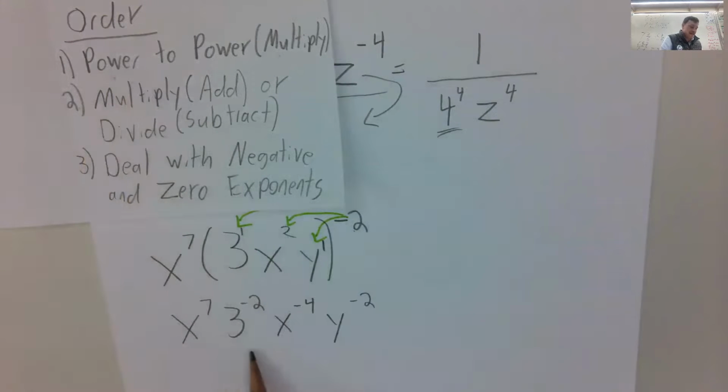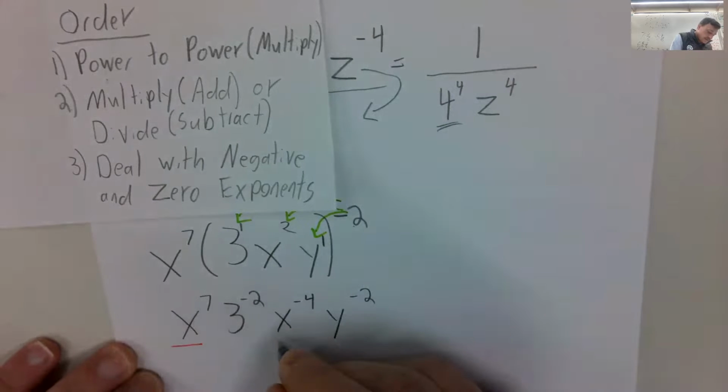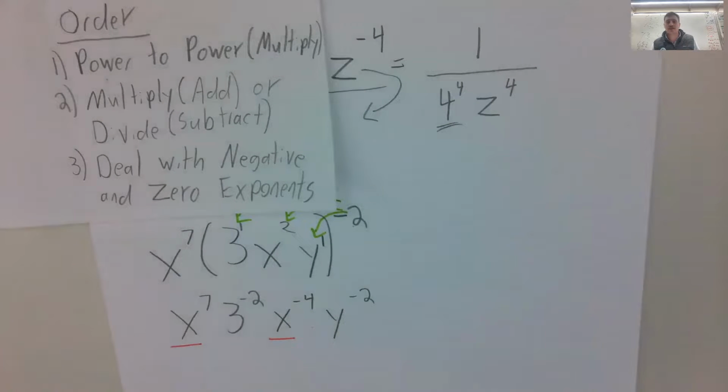Now we just have a big, long multiplication problem. Remember, since there's no symbols in between these terms, we assume multiplication. So we're looking for terms that have the same base. And those terms are our x's here. So we can combine those like terms of our x's because they have the same base.